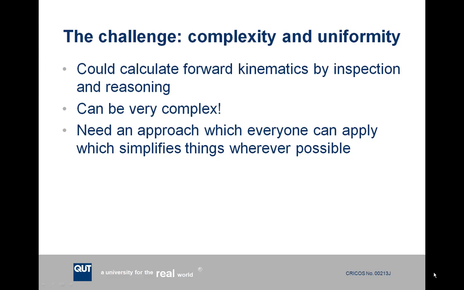Of course, as your robot arms get complicated or they're arranged in complex configurations, this gets very hard or impossible for most people. So what we need, and this is a general theme running through this whole subject, is an approach which everyone can apply in the same way or in a very similar way with standard rules, which makes the math as simple as possible so we're least likely to make mistakes.